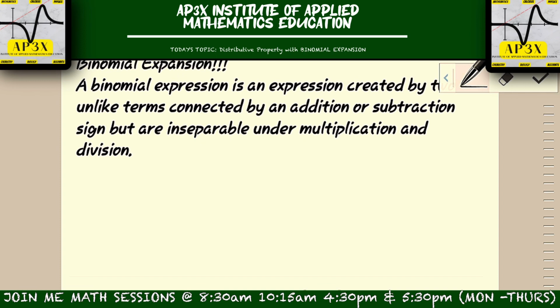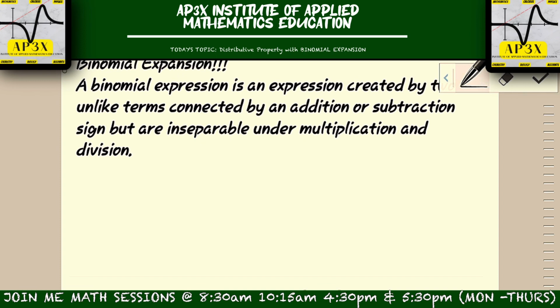However, they are inseparable under the multiplication and division rules in algebra. Yes, you can separate them if you're adding and subtracting, but if you are multiplying or dividing, the terms become inseparable. Now let's look at some examples of what a binomial expression is.